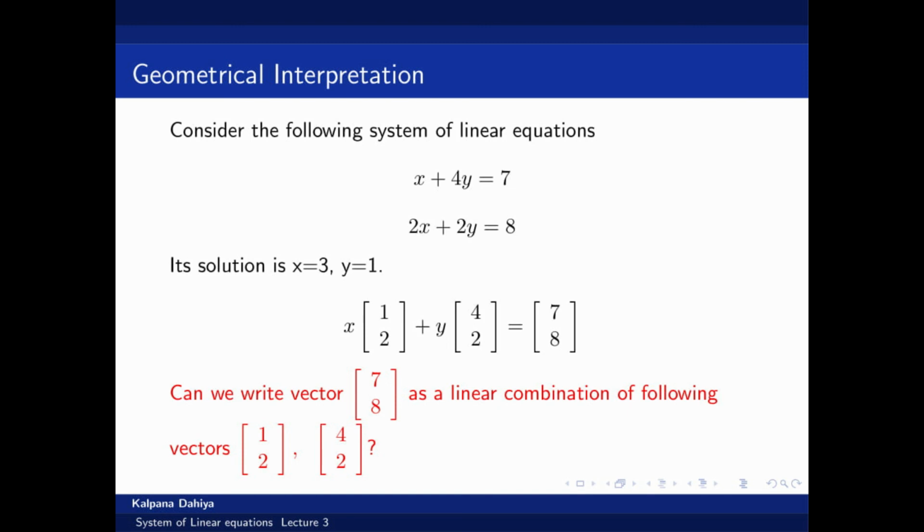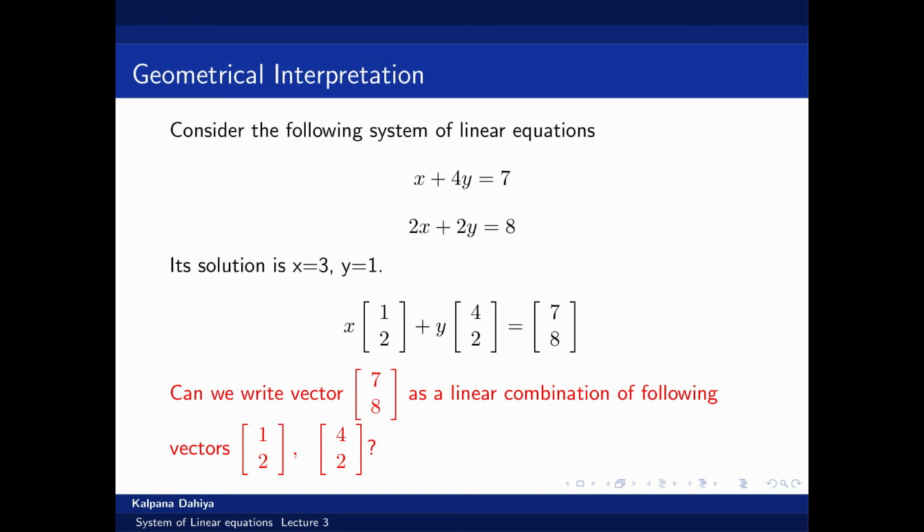That point is (3, 1), because these two lines have different slopes. So I can write down the system in the form of vectors. It is x times a column vector with entries 1, 2 plus y times the next column vector with entries 4 and 2. This is equal to 7, 8.